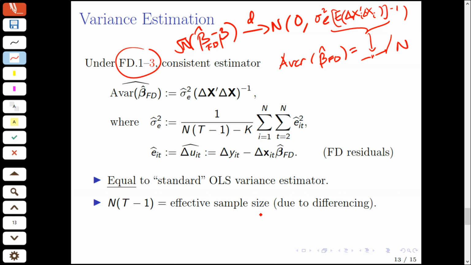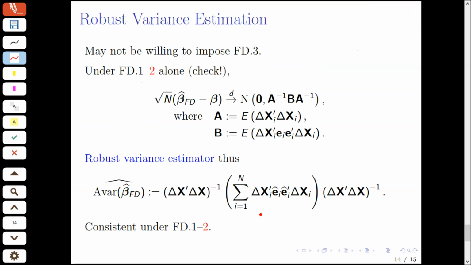The reason for the n times T minus 1 to be the effective sample size is that we've differenced once, thus lost one period of data. Now, of course, the preceding discussion here is only relevant if we're willing to impose the third first difference assumption, which may or may not be what we want to do in an empirical setting.